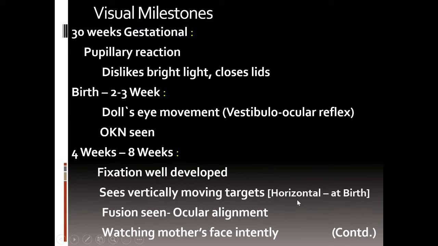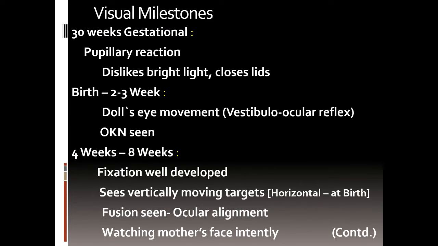Only horizontal eye movements are present at birth. Vertically moving targets develop at 4 weeks. So this is a very important visual milestone to understand: only after 4 weeks will the baby start looking up and down.